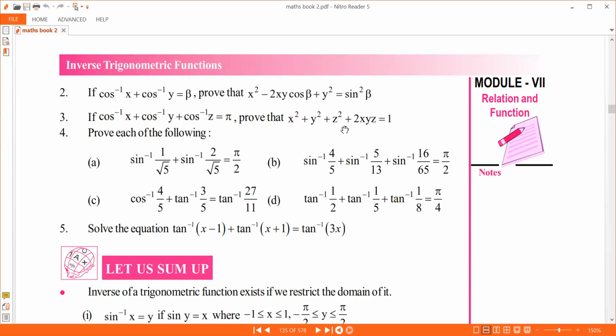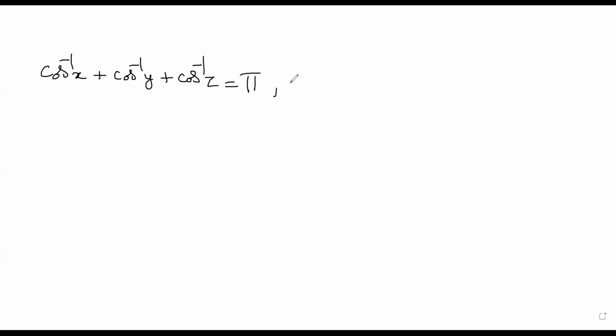Cos inverse x plus cos inverse y plus cos inverse z is equal to pi. What we got to show? We got to show that x square plus y square plus z square plus 2xyz is equal to 1.